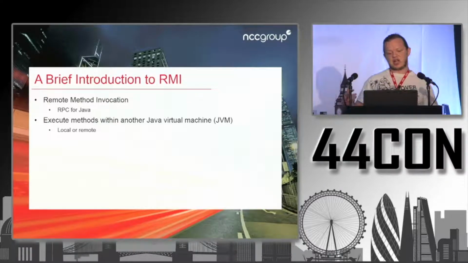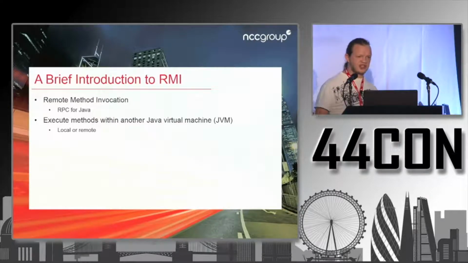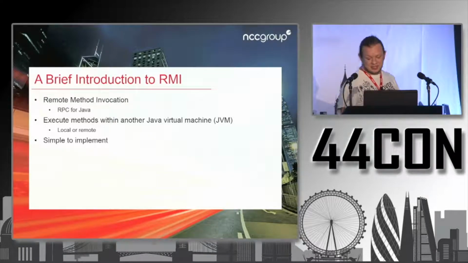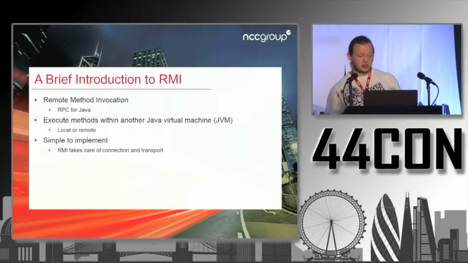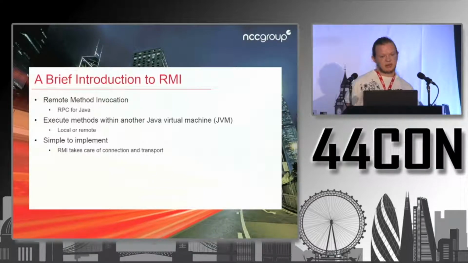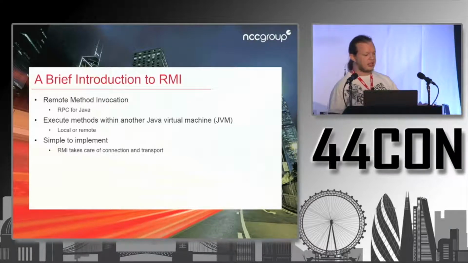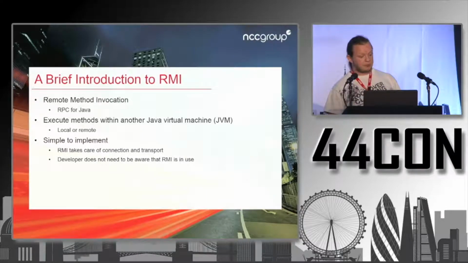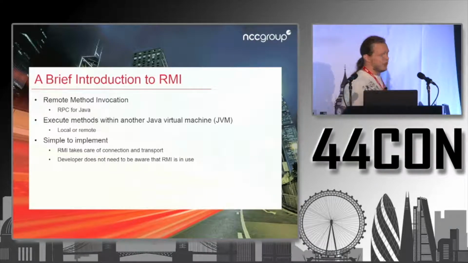And that other Java virtual machine can be either local on the same system or remote on a completely different host, even somewhere else on the internet. It's very simple to implement, which I think is part of the problem. RMI itself takes care of all of the connection, the transport of these remote method invocations. In fact, the developer who's using RMI doesn't even need to be aware that they are using RMI.